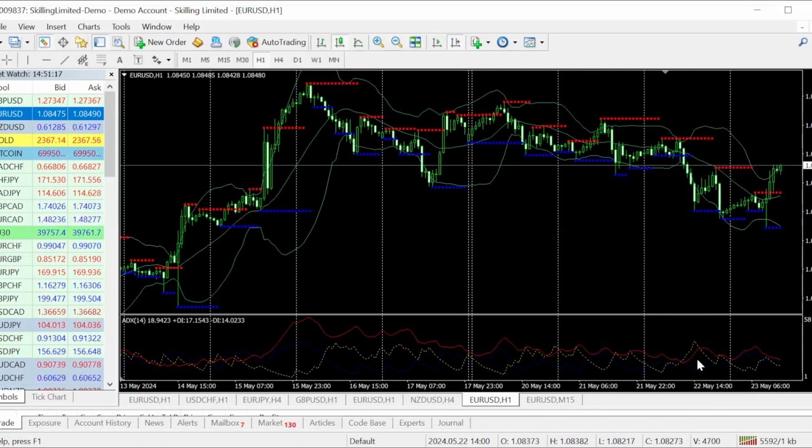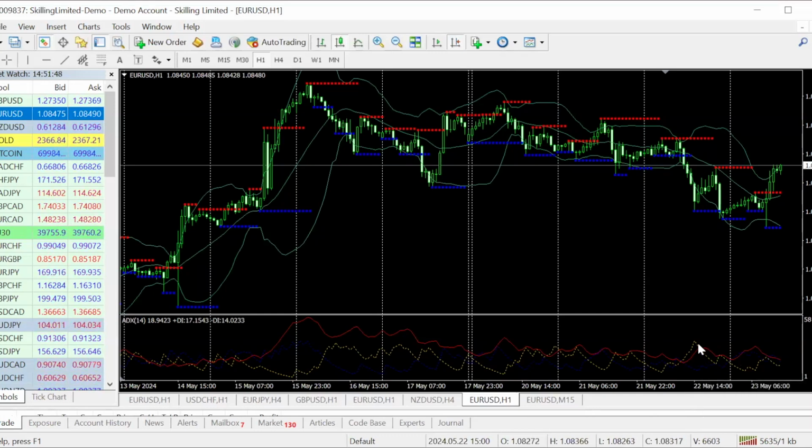Whenever the blue color is below the yellow one, it means that the buying pressure is low and selling pressure is high. This one is plus DI, while this is minus DI. The minus DI represents selling, while the plus DI represents buying pressure, or bullish or bearish, whichever you choose to call it.